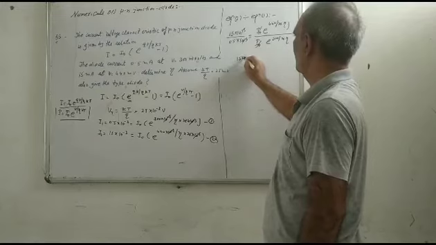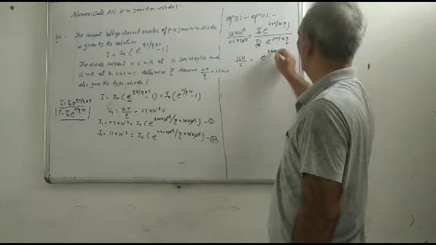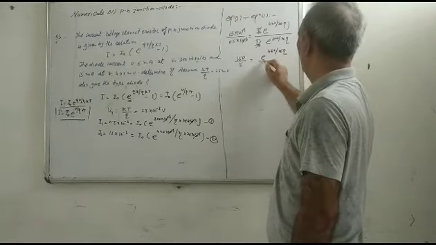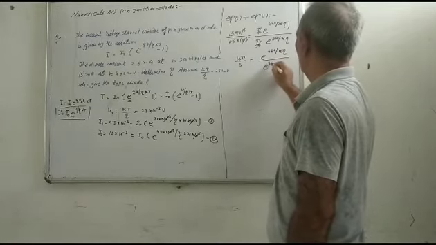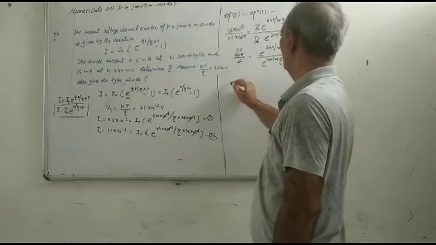So this is 150 by 5 is equal to e to the power 440 by 25 eta upon e to the power 300 by 25 eta.